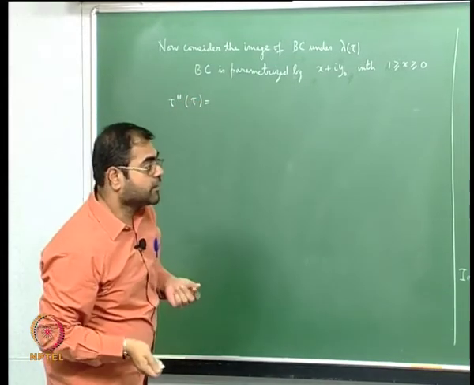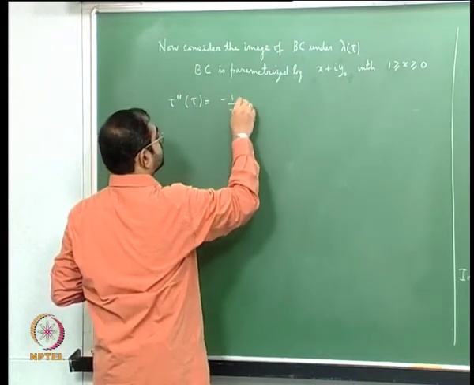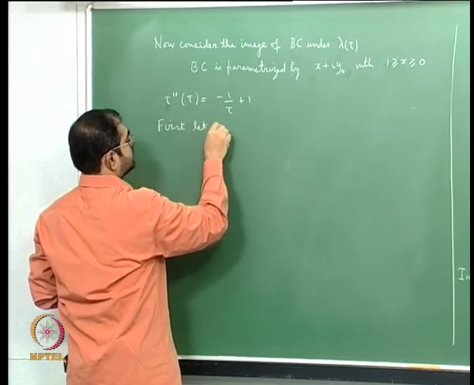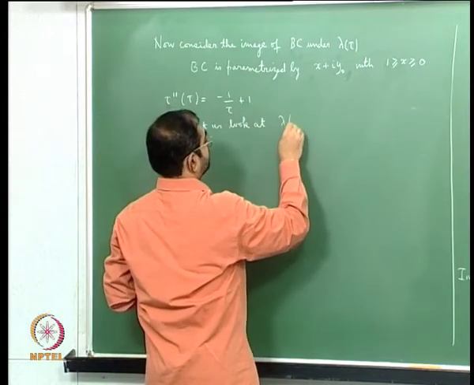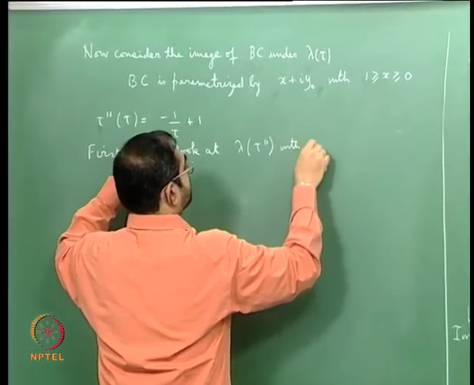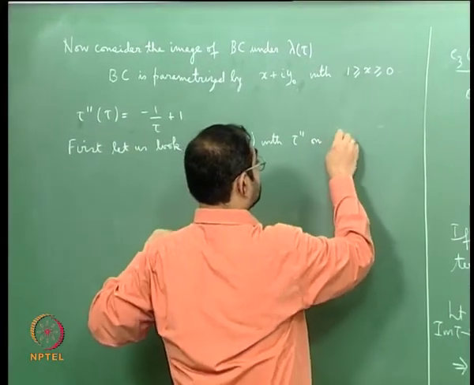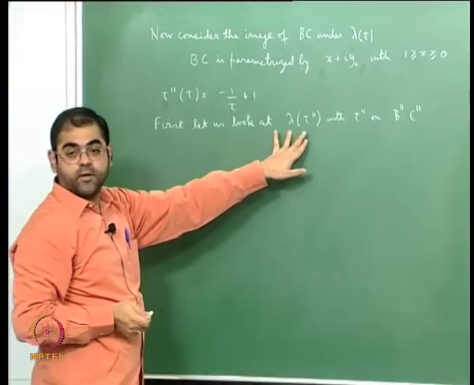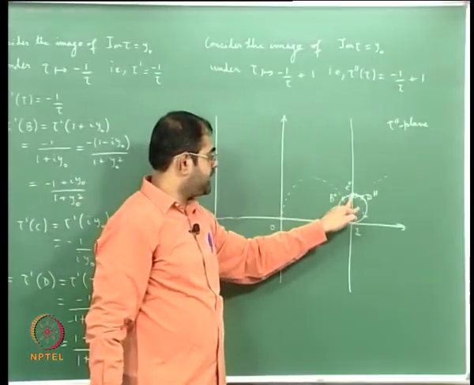Tau double prime of tau is minus 1 by tau plus 1. First let us look at lambda of tau double prime with tau double prime on B double prime C double prime. So let us look at what is the image under lambda of this piece B double prime C double prime.